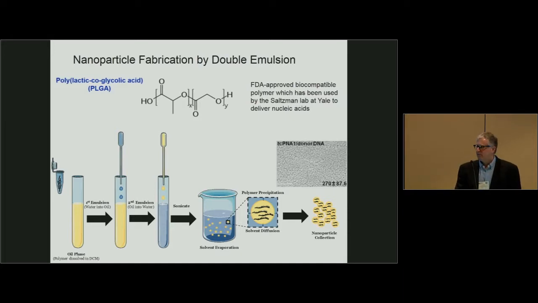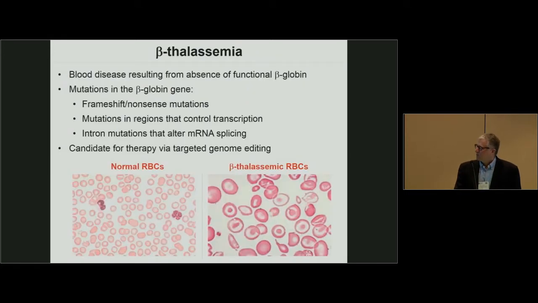And Mark's lab has demonstrated this not only with these types of molecules, but with siRNAs and other types of nucleic acids. So now I want to tell you about how we've applied this to beta thalassemia, and most of you are familiar with this disease of hemoglobin production.